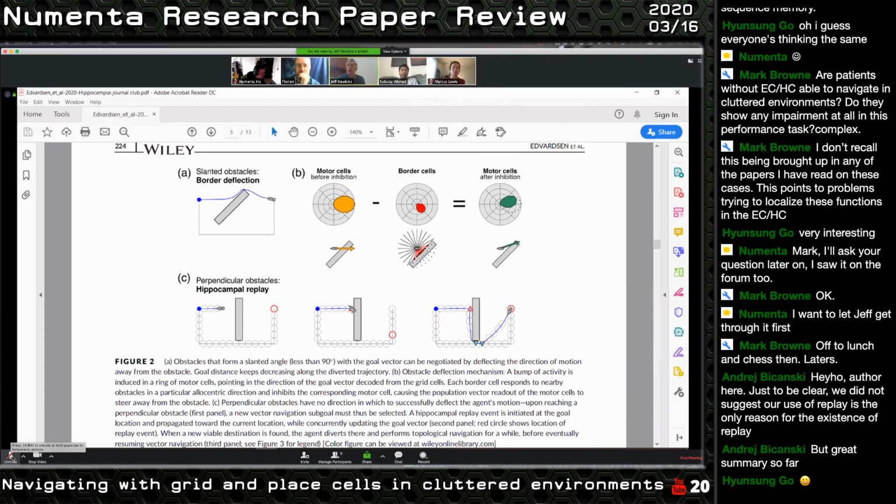Why couldn't the animal start heading towards this goal right now? Because in the deflection scenario that would work. But anyway, there's a mechanism which determines when to stop, when to say that's enough replay, let's pick a new target, which is the green triangle, and now switch back to vector navigation. Did I answer that question?